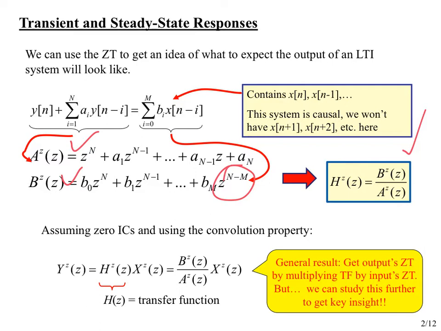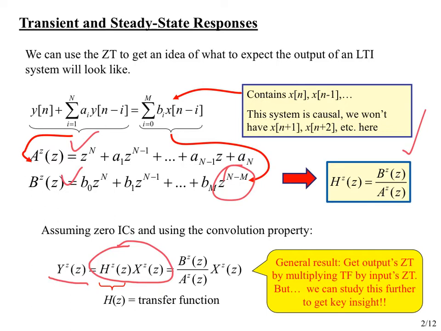So if we assume that the initial conditions are 0, our zero state solution in the time domain is convolution, and therefore, using the convolution property, we know that the output Z transform is just the product of the input transform times the transfer function. So H of z is called the transfer function.